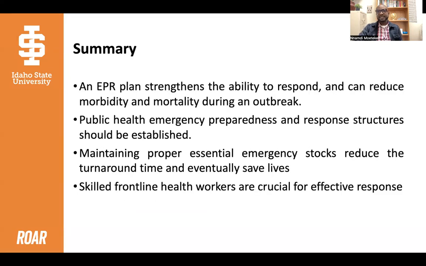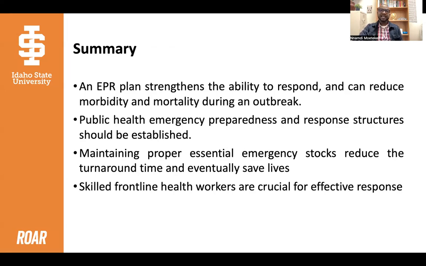So in summary, being prepared can reduce the number of cases and deaths in a district when an outbreak occurs. So public health emergency preparedness and response structures like the Public Health Emergency Operations Center, Public Health Emergency Management Committees and subcommittees, and the Public Health Emergency Rapid Response Team should be established at local, state, and national levels before and during an outbreak.